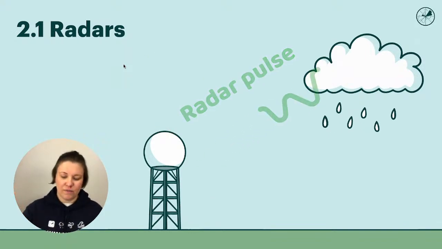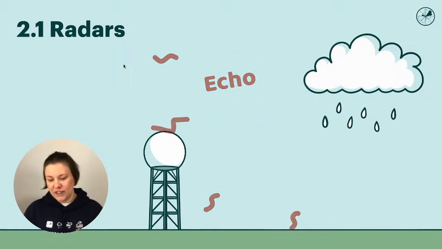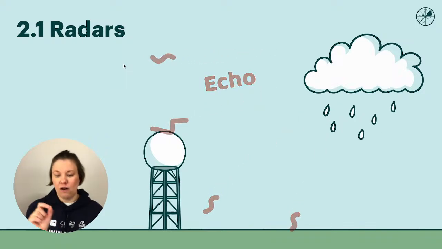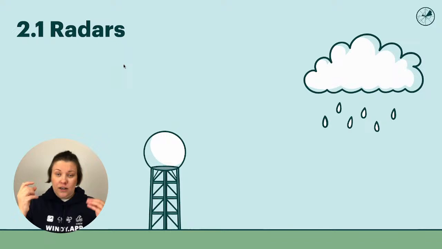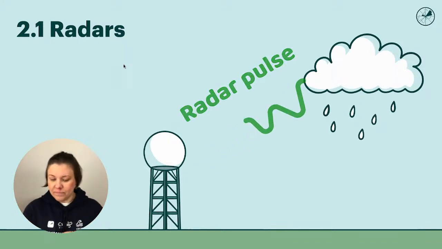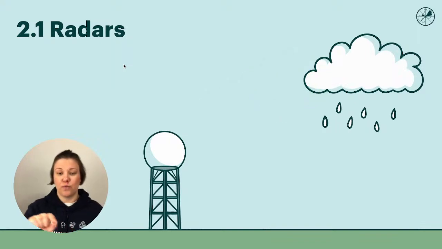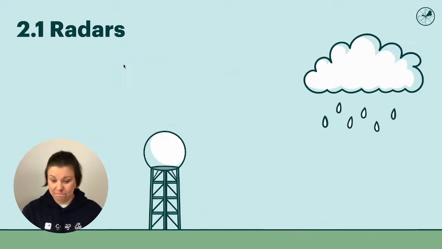It reflects back into the radar, and then by the way the signal was transformed, by the way it changed, the radar can understand how far the cloud is and how big the droplets are. And this is just showing a radar pulse in one direction, but it's actually turning like this. It's scanning the atmosphere constantly.